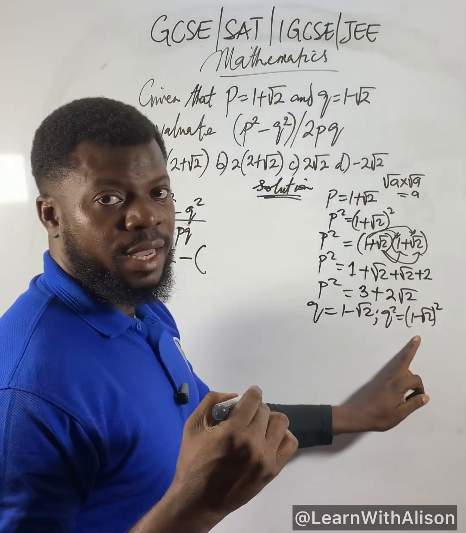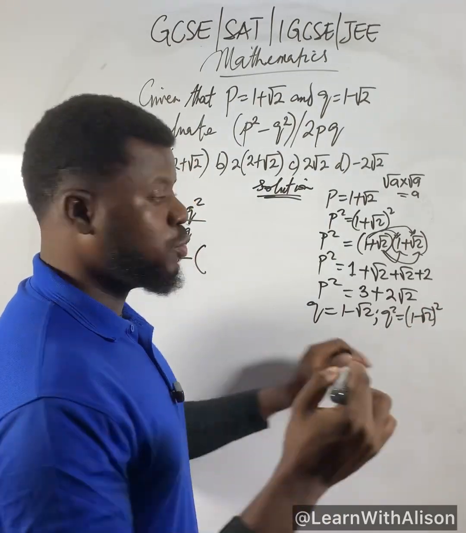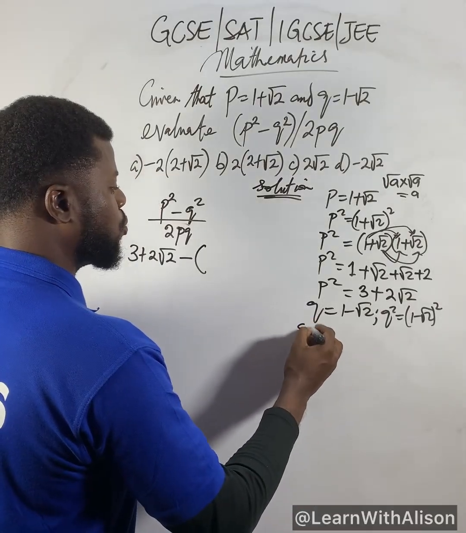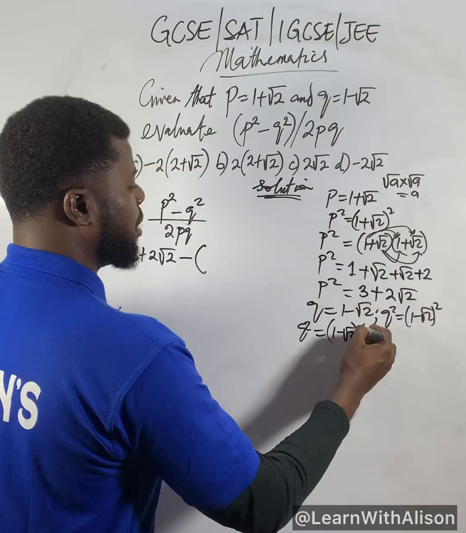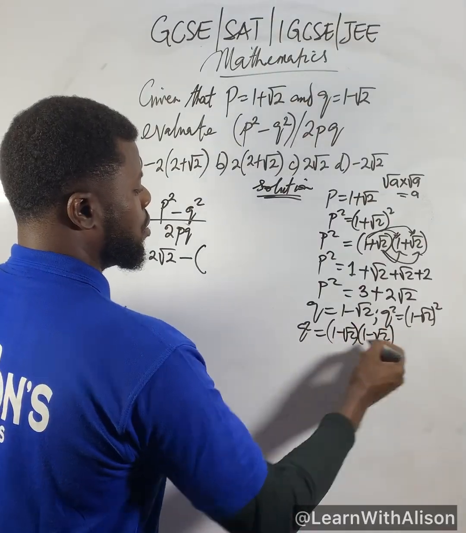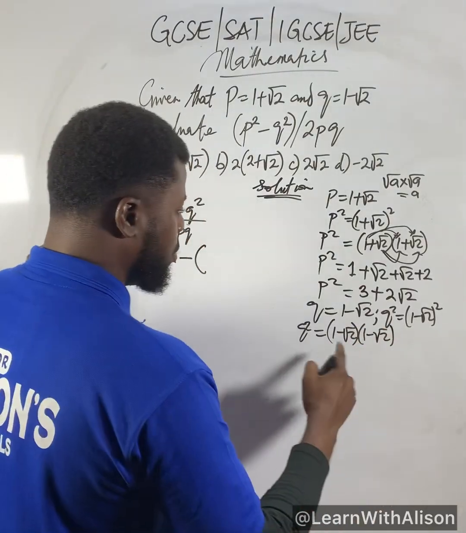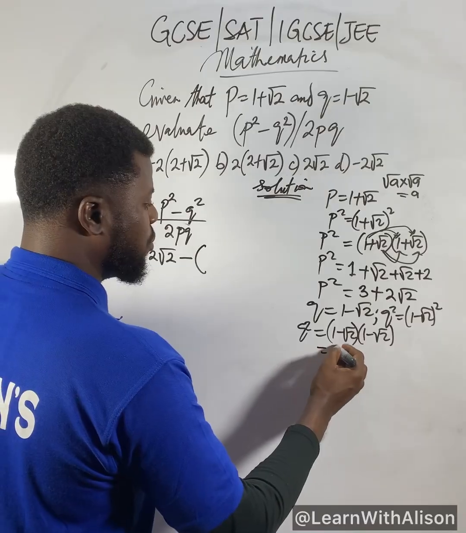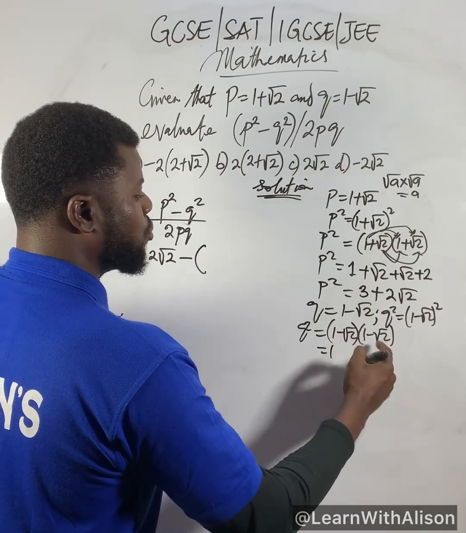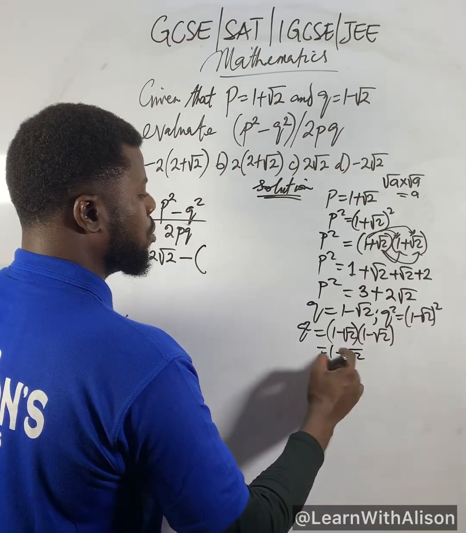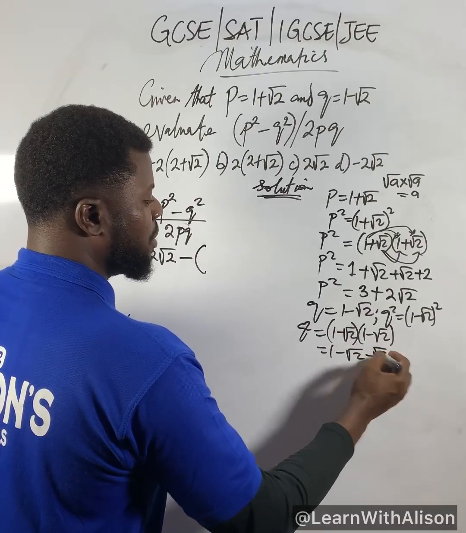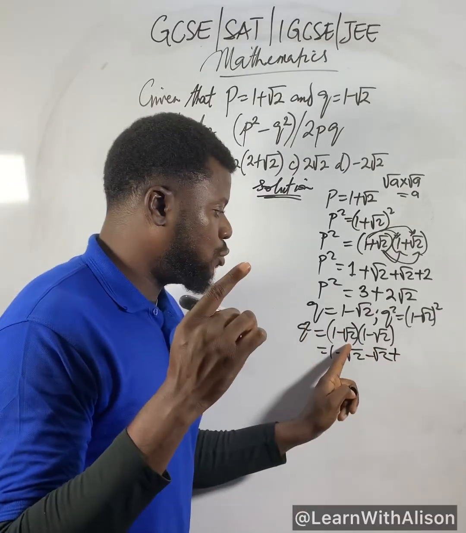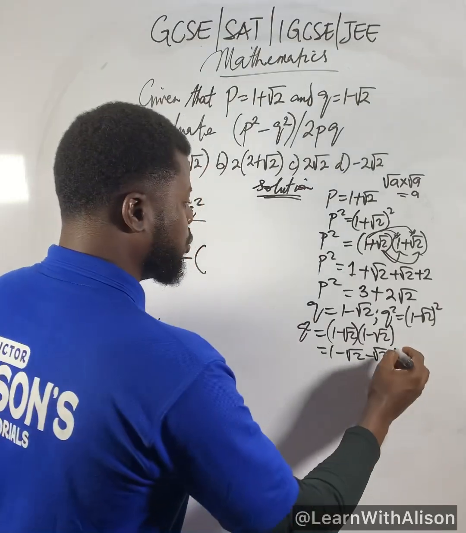And when it is squared like this, it means you can duplicate it. So Q squared will be equal to 1 minus root 2 multiplied by 1 minus root 2. Let's multiply that out. 1 multiplied by 1 will give us 1. 1 multiplied by minus root 2 will give us minus root 2. Minus root 2 times 1 will be minus root 2. Minus times minus will be plus. Then root 2 times root 2 will definitely be 2.